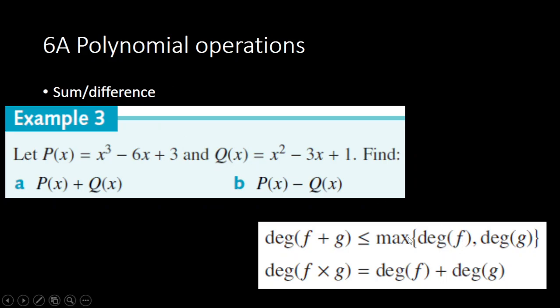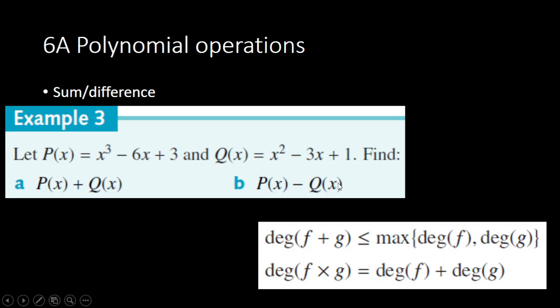What's important to keep in mind is that when you do the sum of two polynomials, and the same as you do the difference, the new function will take the degree of the highest of the polynomials. So for example, between p and q, the degree of p is 3, the degree of q is 2, the highest of the two is 3, so the degree of the sum or the difference is going to be 3 as well.